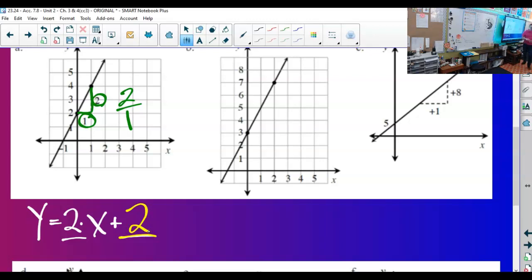Keep going. Math! Keep going. Okay, so this one, it starts on 8. So y equals 8x plus 2. Wait a minute.